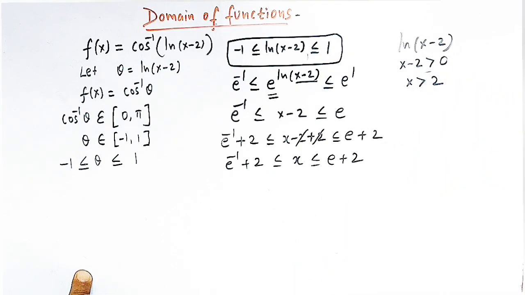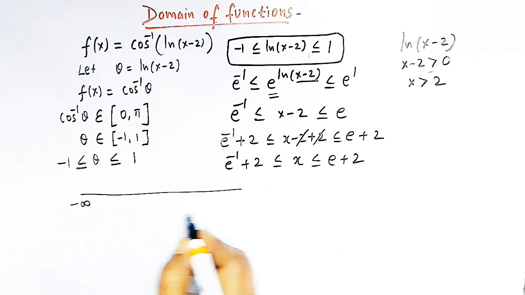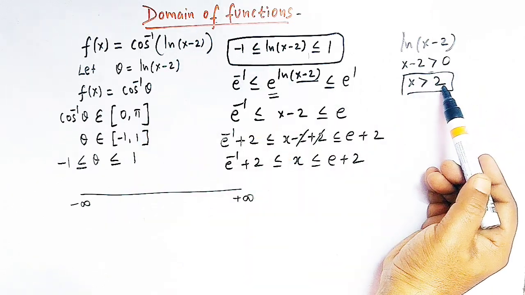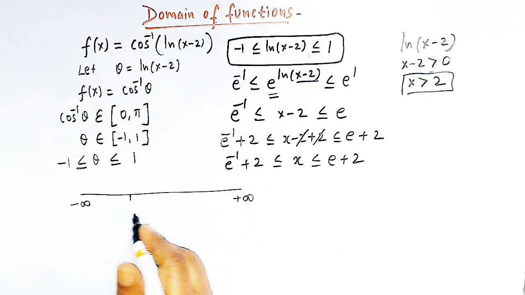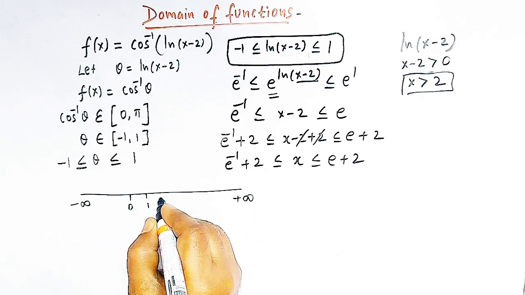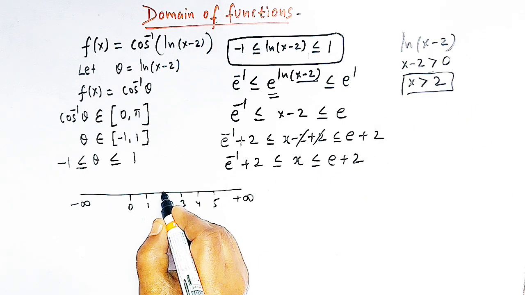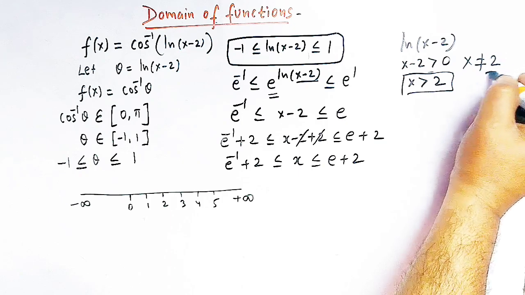So now let us take the help of the real number line. So now here we have the real number line, minus infinity and plus infinity, right? And here the first condition is that x should be greater than 2. So for simplicity, let us represent the numbers like this, that is 0, 1, 2, 3, 4, and 5, right? And here x is greater than 2, and it is important to note that x is not equal to 2, right?